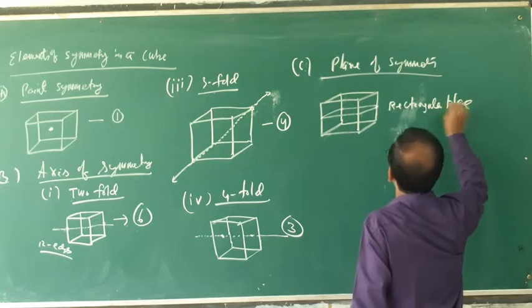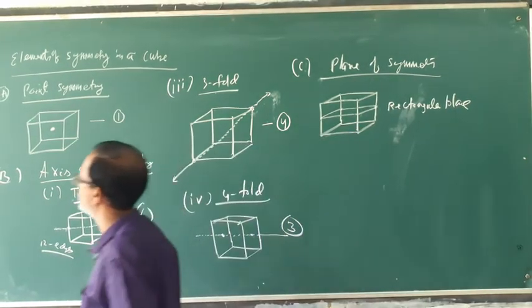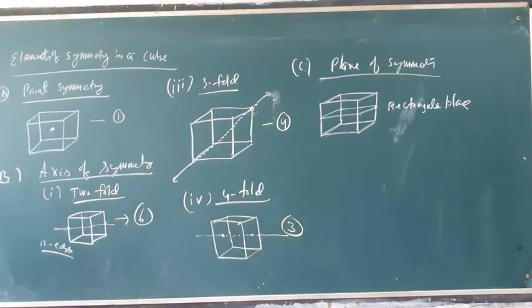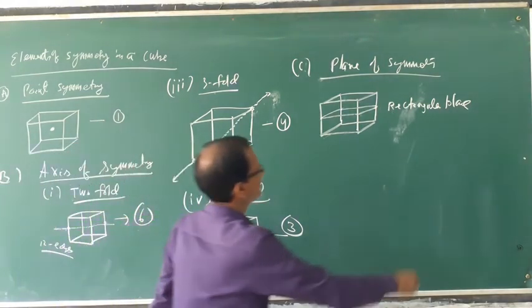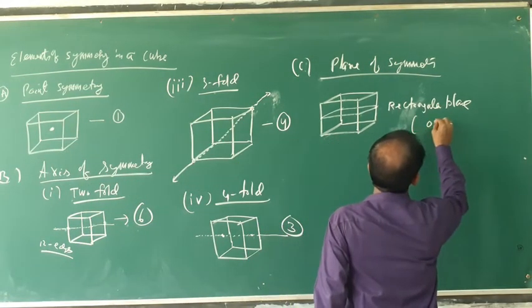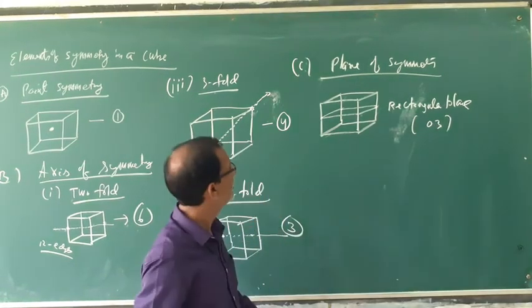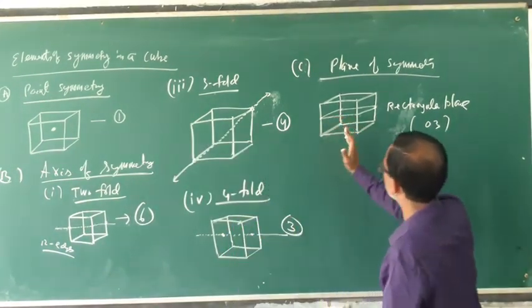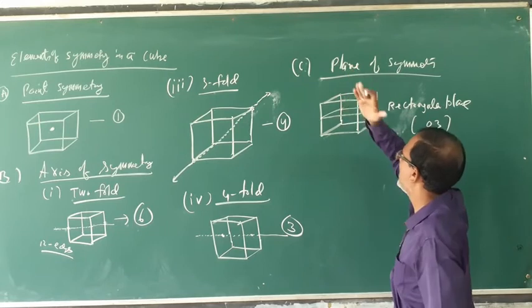If you take a rectangular plane, how many are possible? 3. So, 3 is possible, because this is one direction, this is one direction, and the other side is another direction.